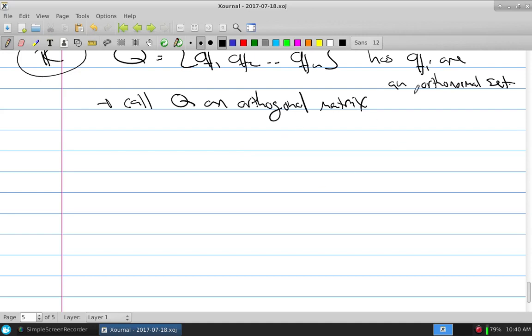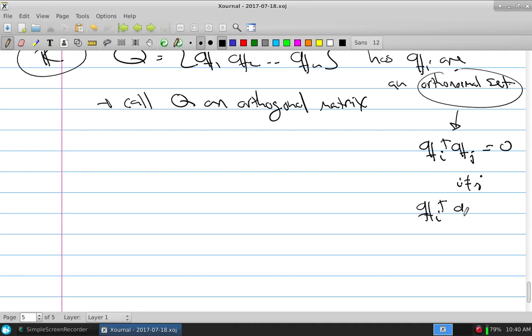Now, to be orthonormal, what does that mean? That means that Qi transpose Qj, and I'm using transpose because this is normal Rn, that'd be the scalar product, is always going to be what? 0 if i doesn't equal j. On the other hand, what does it equal if it's Qi transpose Qi?